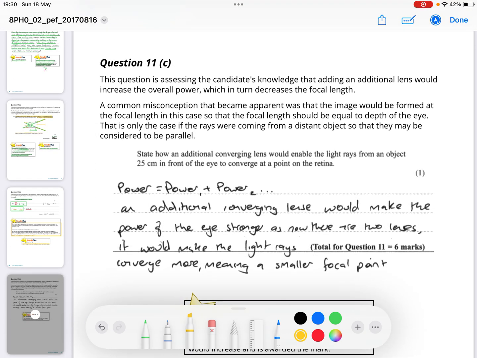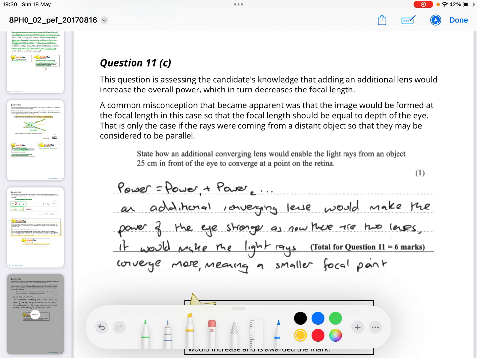All right, so question 11c, if I quickly have a look to remind myself, this is a person who is long-sighted, cannot see clearly because the objects are focused behind the retina, or try to be. So the rays of light coming in from the same point as in 11b, same distance, converge, but they can't converge on the retina, so you get a blurry image.